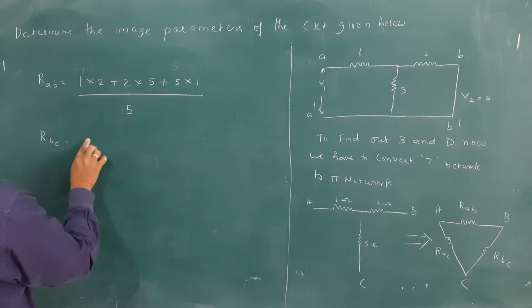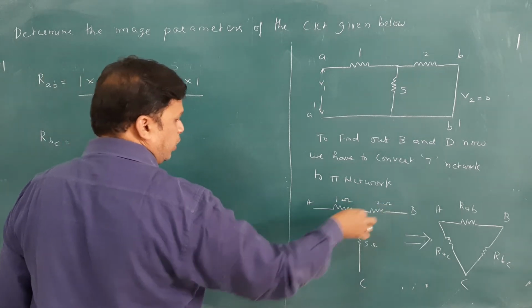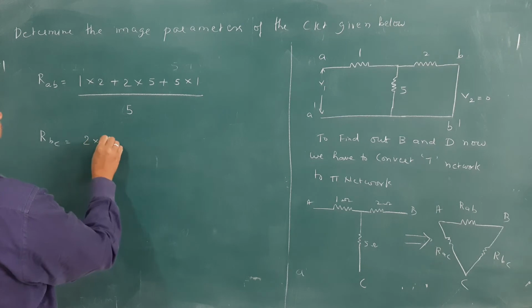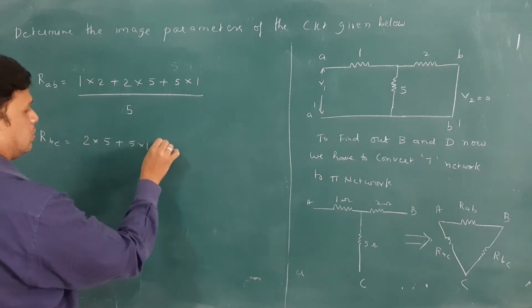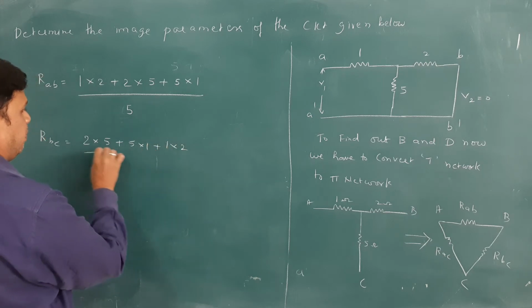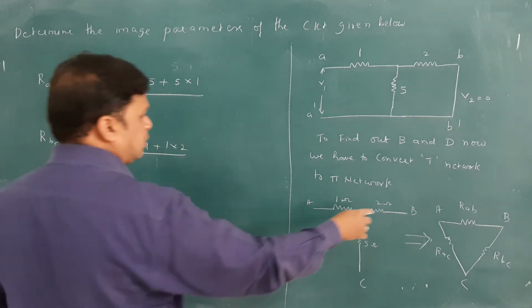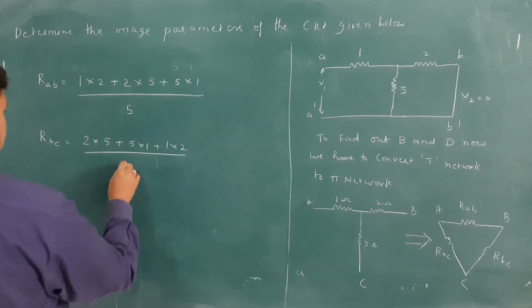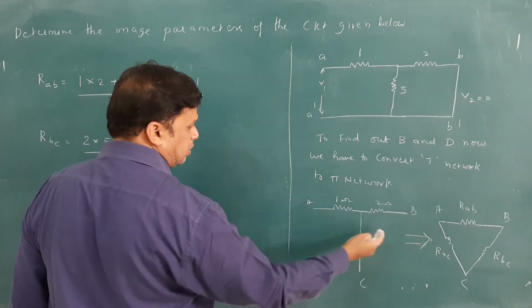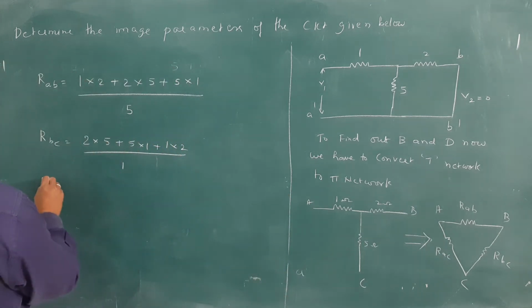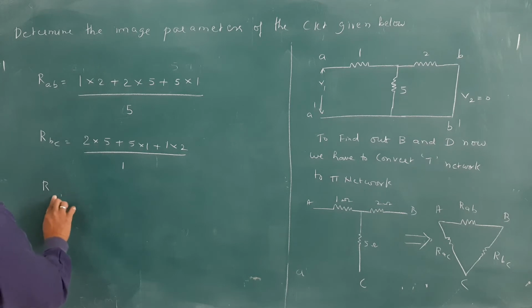RBC you are finding now. For BC, it is 2 into 5 plus 5 into 1 plus 1 into 2, divided by the opposite one for BC, which is 1. Next, RAC.